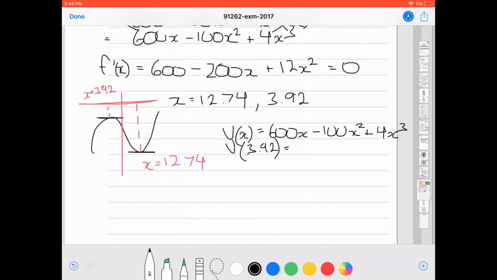I'm going to run out of room. Let's just do it below. 600 times 3.92 minus 100 times 3.92 squared. Plus 4 times 3.92 cubed. Okay, and so we can just calculate this.